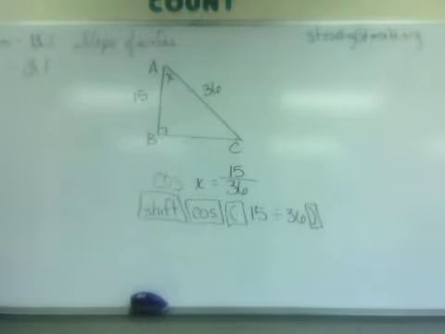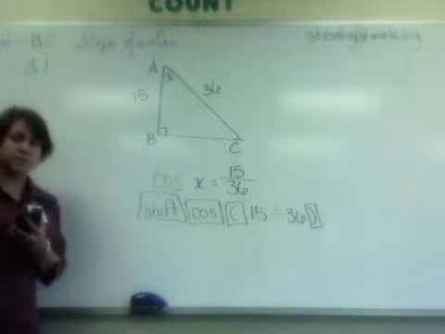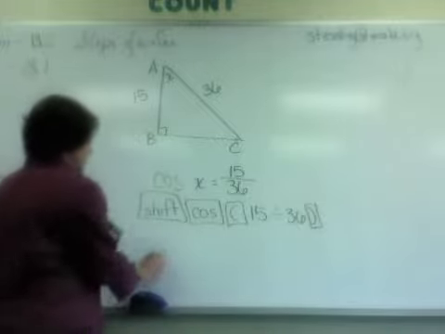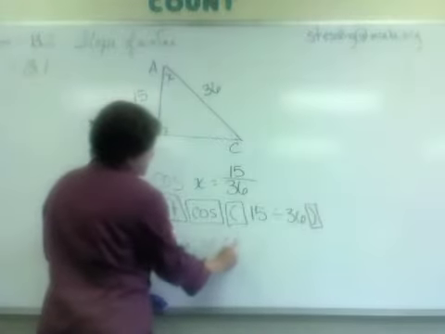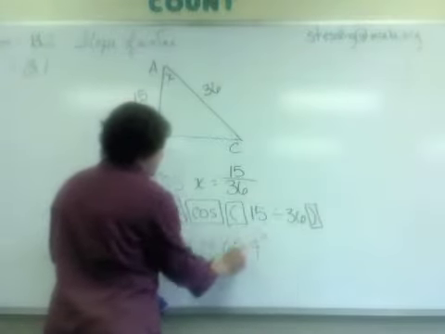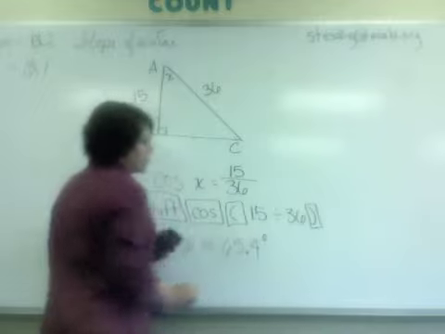So we're going to hit shift cosine, put in 15 divided by 36. You can do 15 divided by, or you can do it as a fraction. Either way, it's going to be the same thing. And you hit equals. And you should get 65.4 rounded. So x is approximately 65.4 degrees.